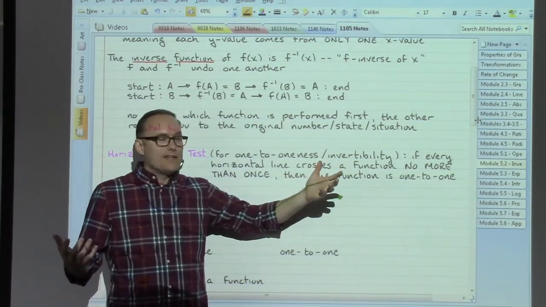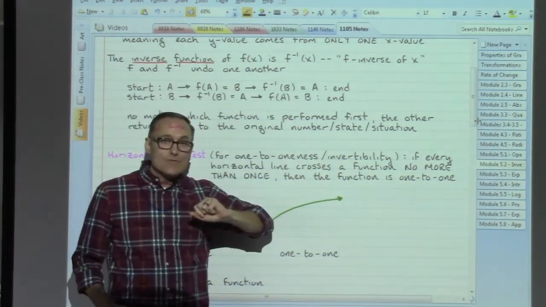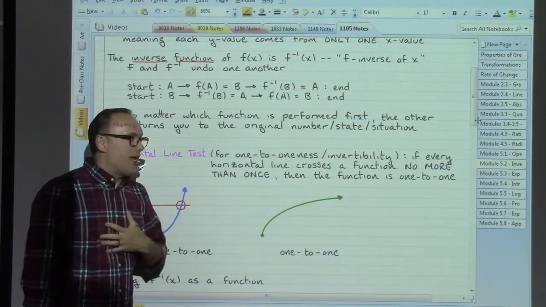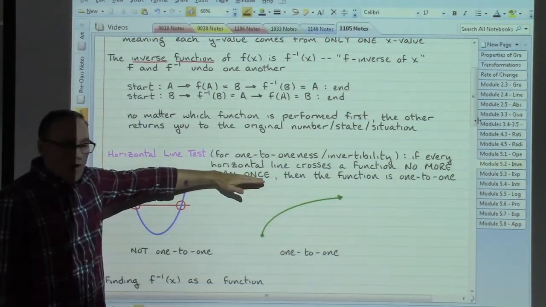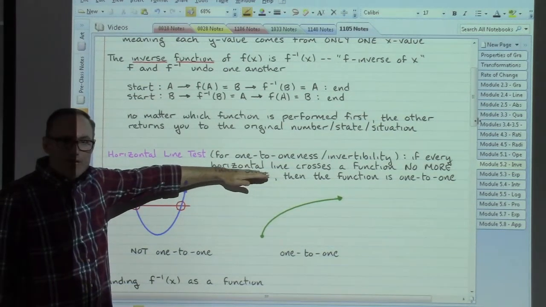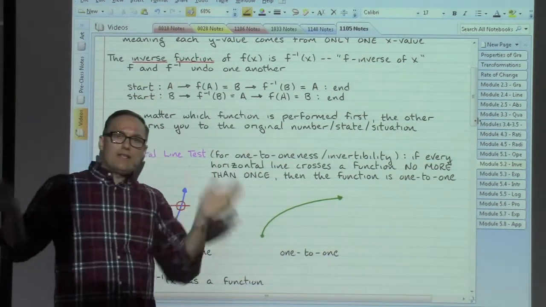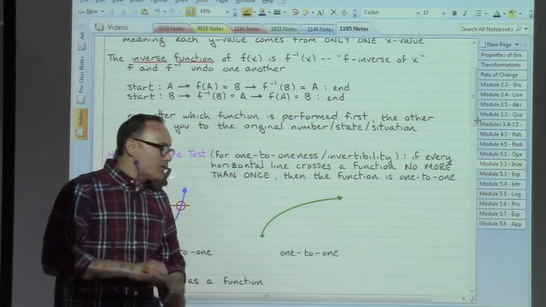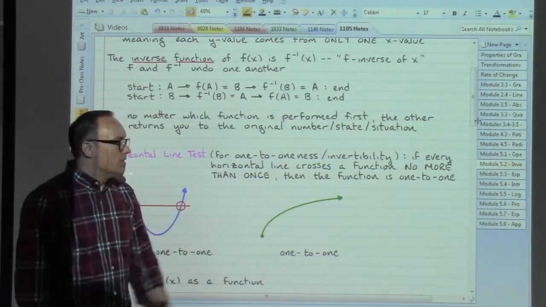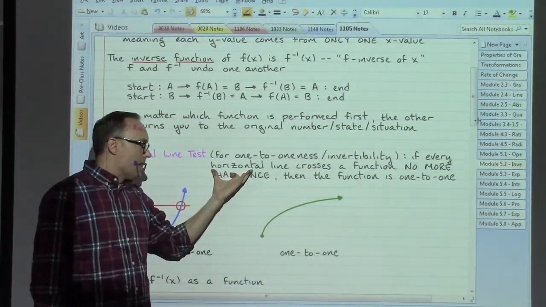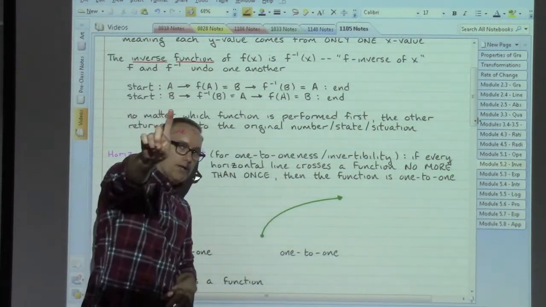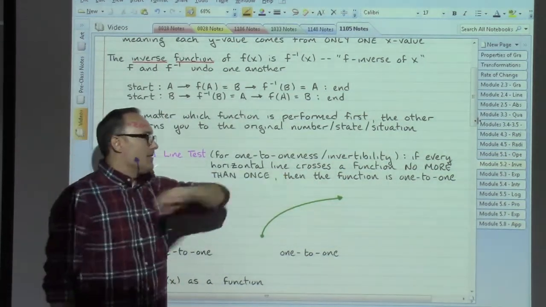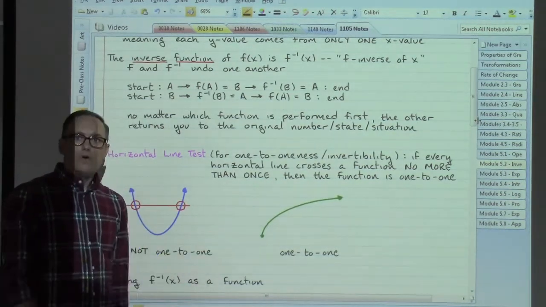We'll have to worry about finding that in a hot minute, but there at least is one anytime we have a function that is one-to-one. So the horizontal line test is just a modification of the vertical line test. Any place that they mention vertical, we're going to change it to horizontal, and then we're good to go. If every horizontal line crosses a function no more than once, then the function is one-to-one.